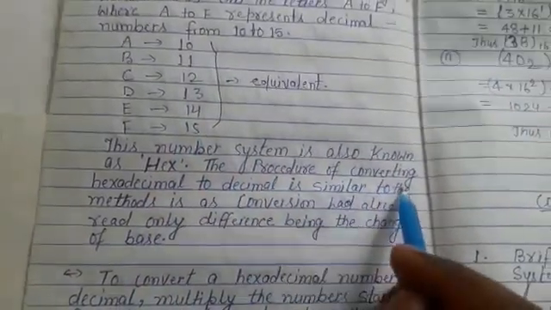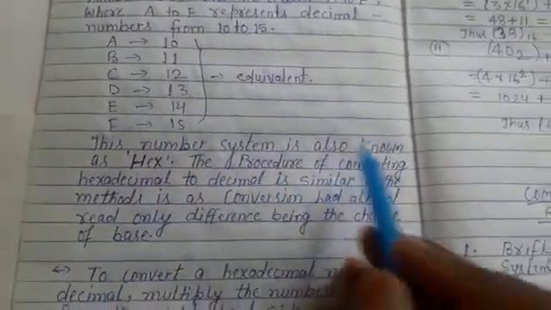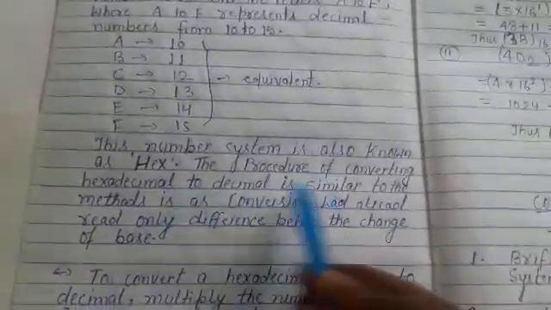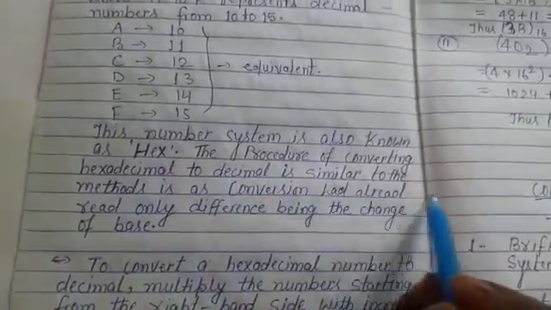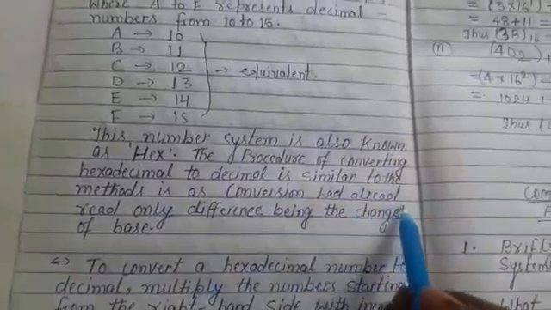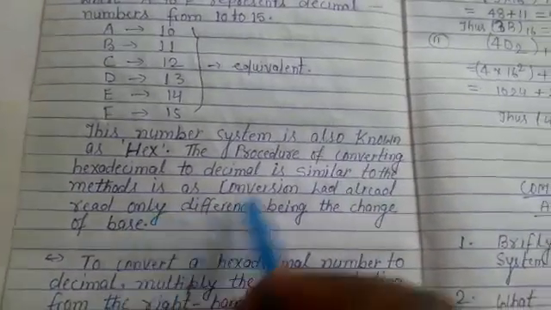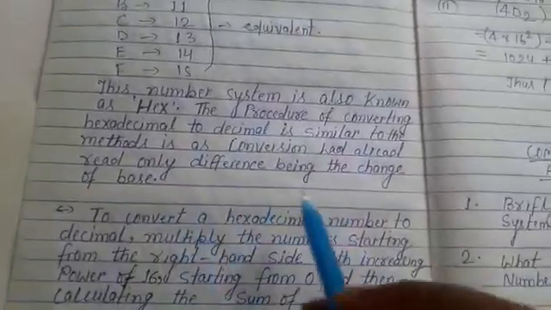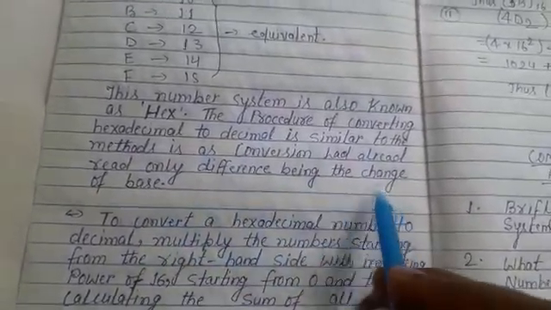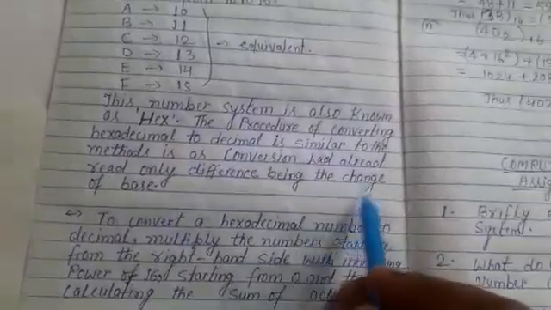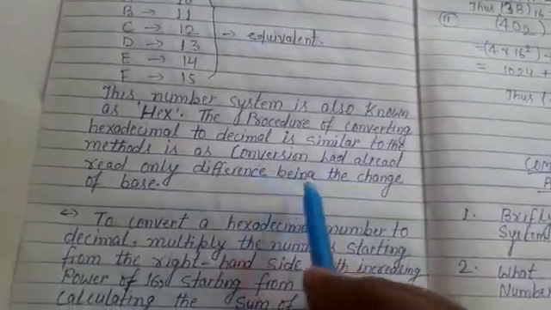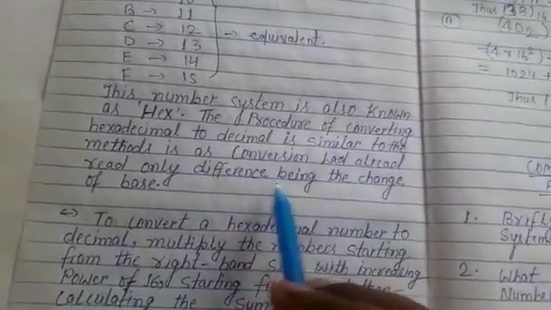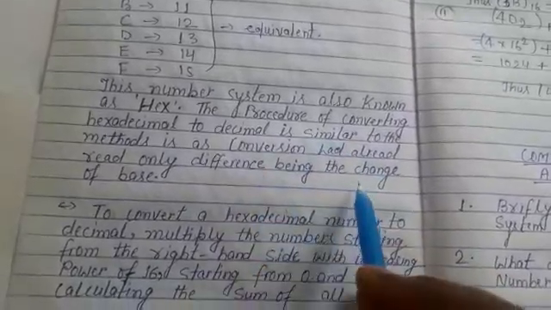The procedure of converting hexadecimal to decimal is similar to the method you have already read. As usual there is also a conversion, only the base changes, because in octal the base was 8, but in hexadecimal the base will be 16.